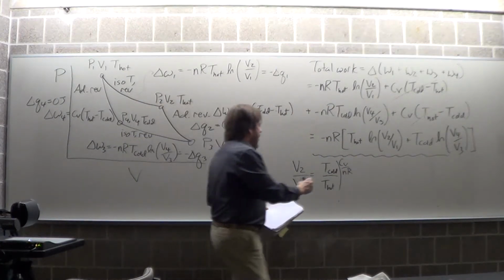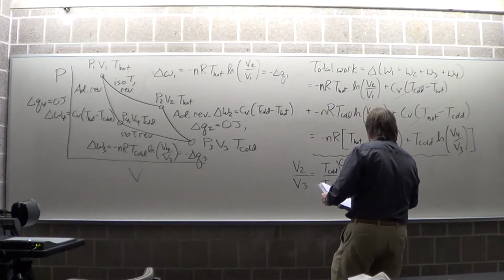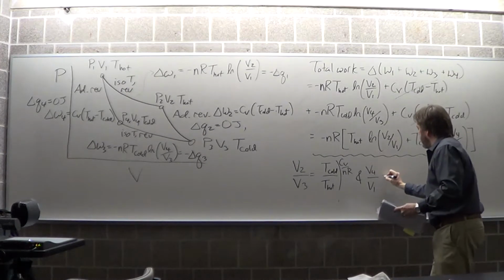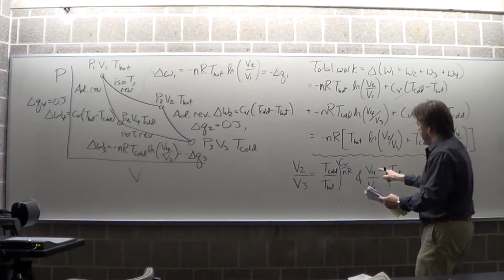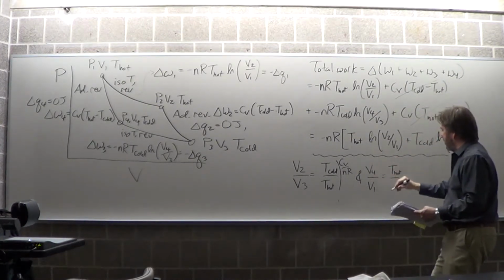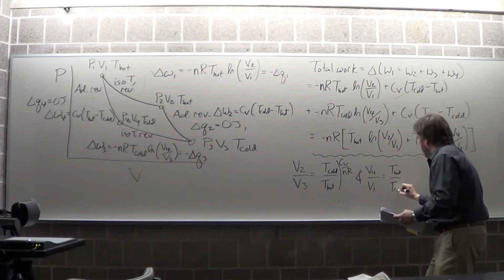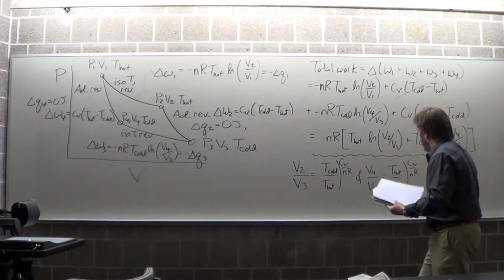And I happen to know that V4 over V1, final over initial, is equal to initial over final. No, initial, final, initial. Right. The final step in the fourth leg is the hot. T cold to the CV over nR.